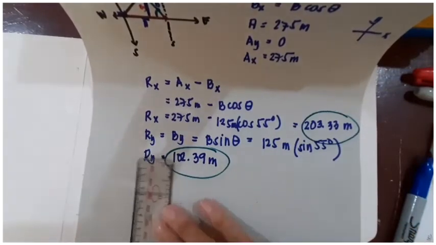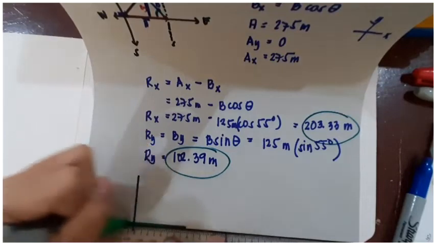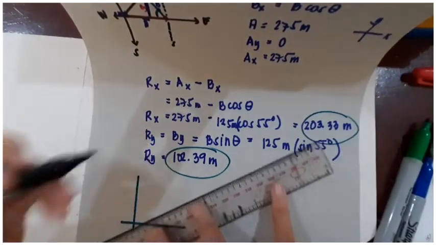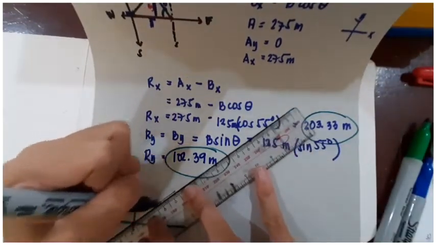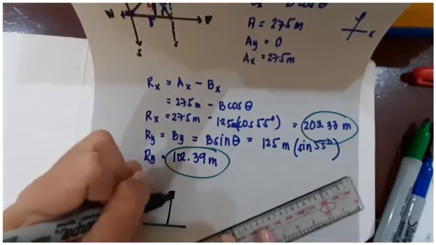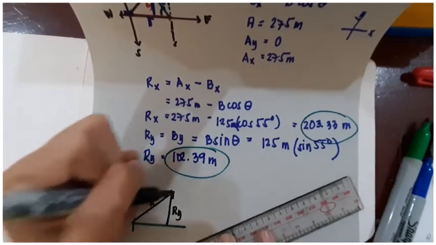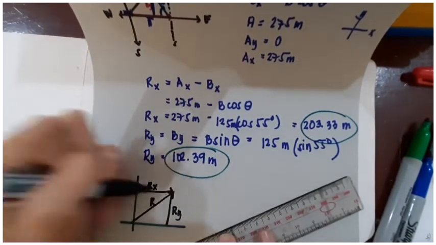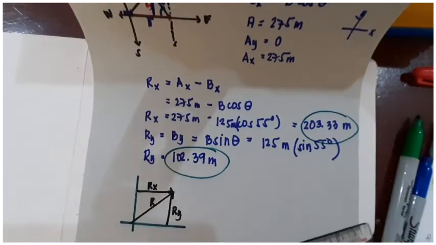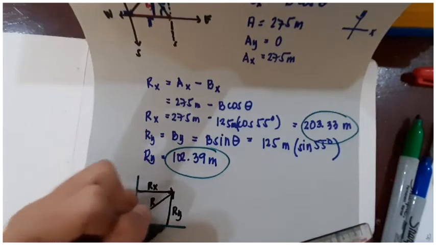So para mas klaro, let's say this is your axis. Ito si r natin. Meron na tayong, this is your r, this is now your ry, and then this is your rx. Equal lang yan siya, si rx, equal lang din siya dito.